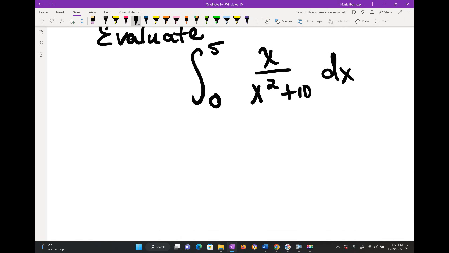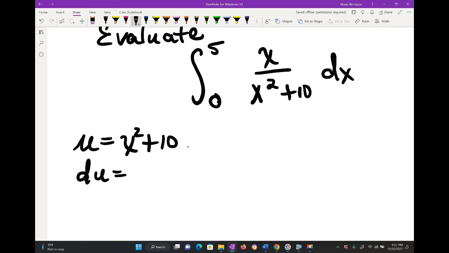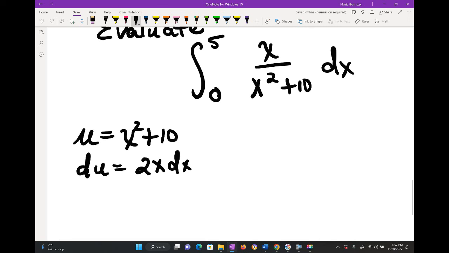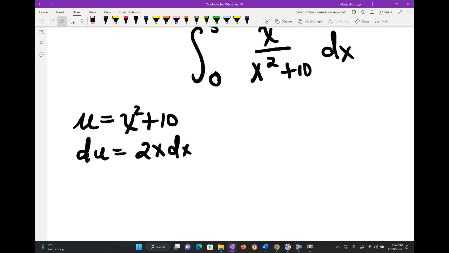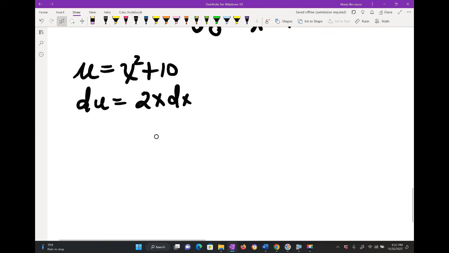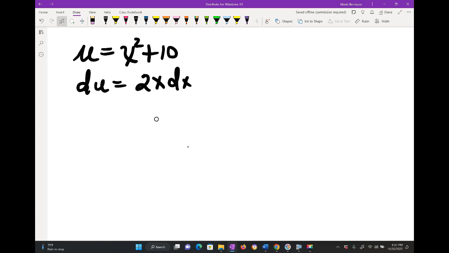Okay, so let's take a moment here and understand the first thing they're doing. They're saying, let's have u for substitution be equivalent to x squared plus 10, and du be the equivalent of 2x dx. All right. So if that's the case, then I have a constant here, and I'm going to write the whole thing out so you can see the whole picture.